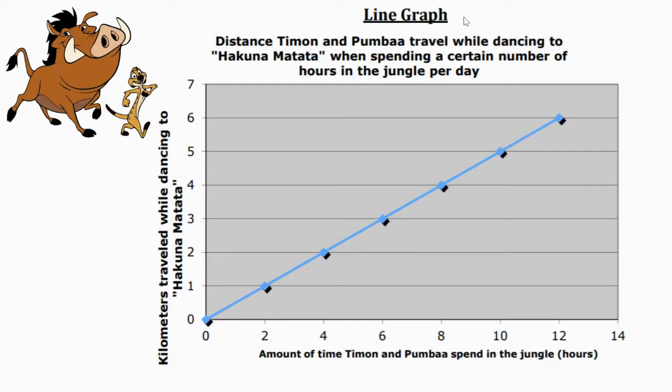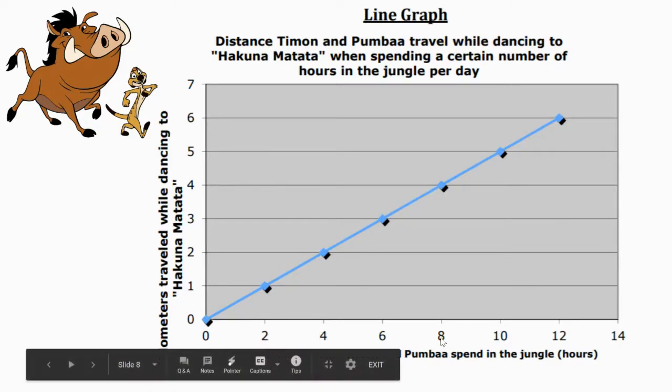What is an example story that you could tell based on looking at this graph? An example story that you could tell is that the longer Timon and Pumbaa spend in the jungle, so the more hours that they spend in the jungle, the further they travel while singing Hakuna Matata.